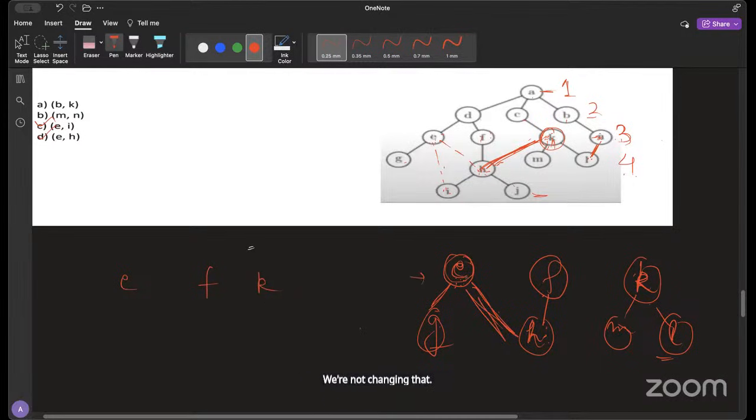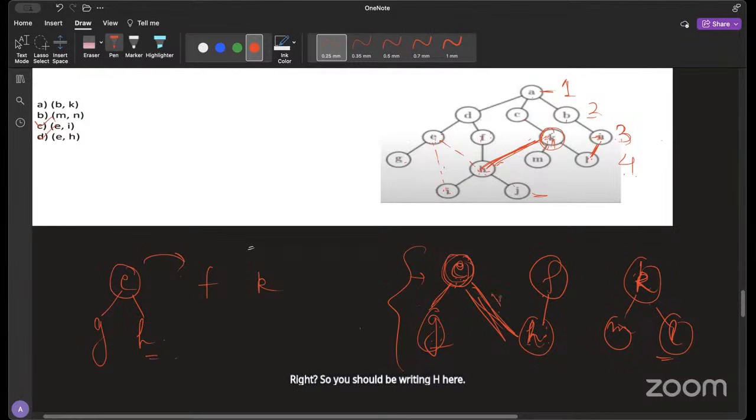Come to this level, and then you start exploring E. Exploring E means you start visiting every vertex that is directly connected to E. So you go to G. G is directly connected to E. Right? So this is your graph. If H is directly connected to E, if EH is an edge, then you should write H here, right? Because first you get done with E, then you come to F. So you should be writing H here.